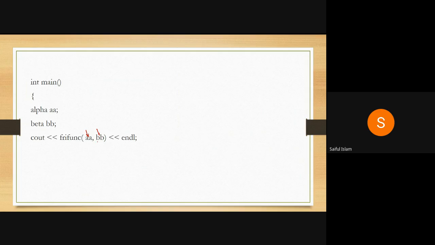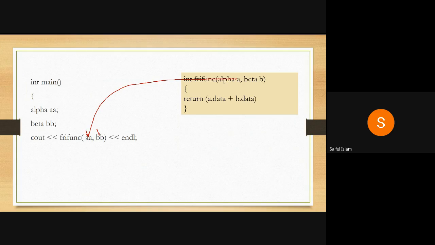Private members are fetched, added and returned. So you will be printing the value through cout. Here AA is the parameter A, BB is the parameter B, and with object A and object B data, it returns the summation of both of them. This way you will use this function in your code, return 0. Fine.